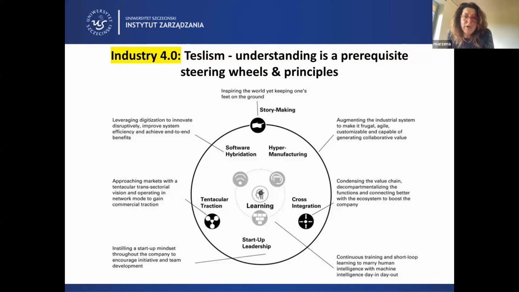There are also these principles, which are obviously connected with interconnection, with an agile system. But you can see on the top, story making, which is very interesting. It is inspiring the world, yet keeping one's feet on the ground. So we have to go forward and inspire other people, but we're still on the ground, so we keep our economic results in control.